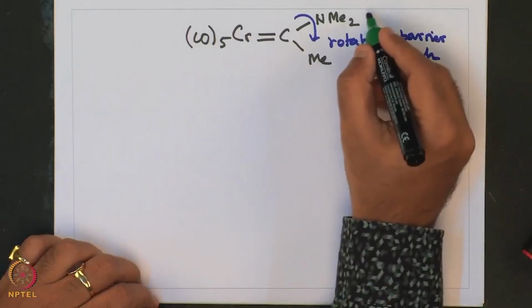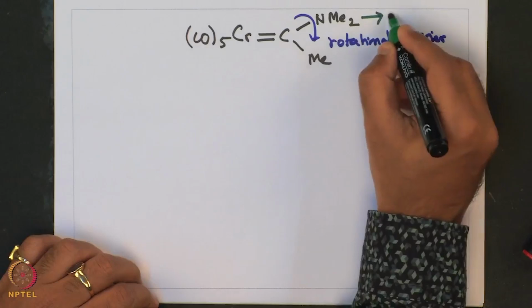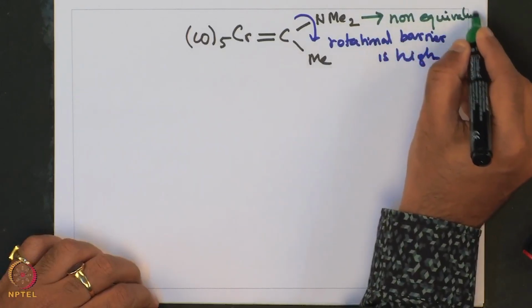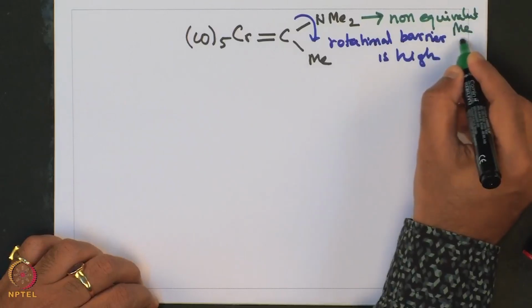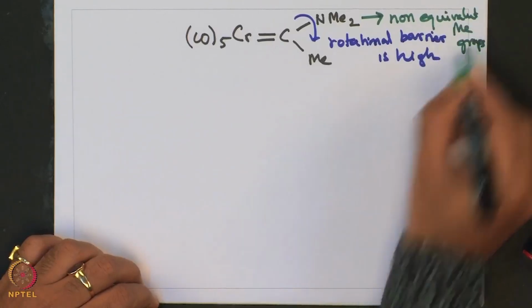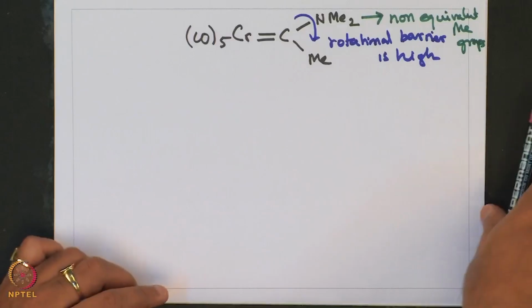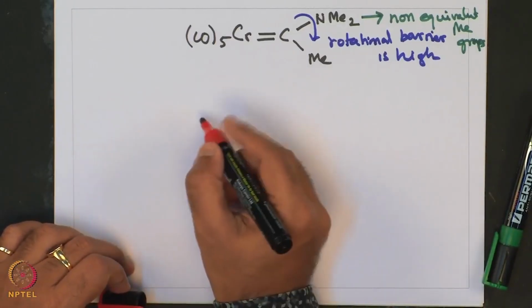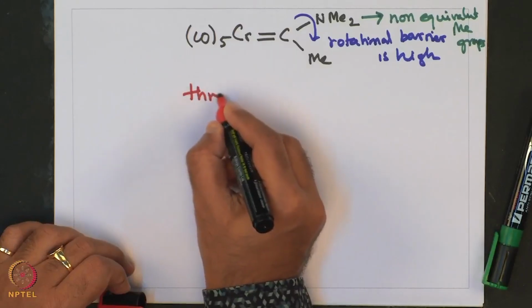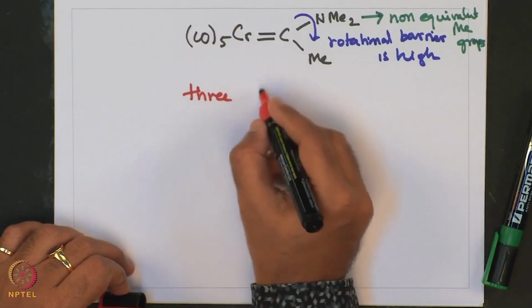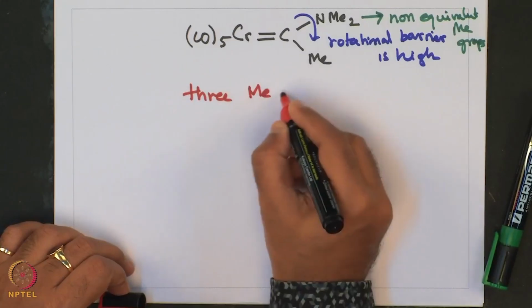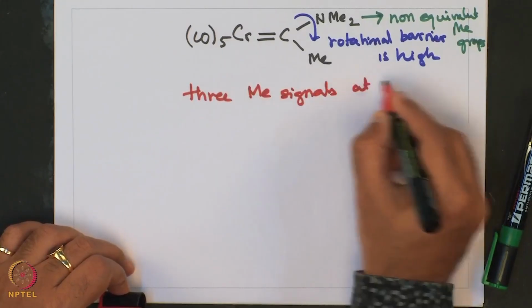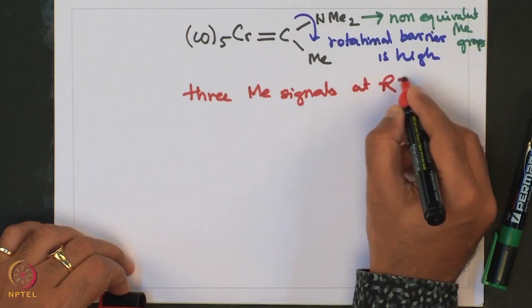As a result, these methyl groups are non-equivalent, and which gives rise to three methyl signals at room temperature.